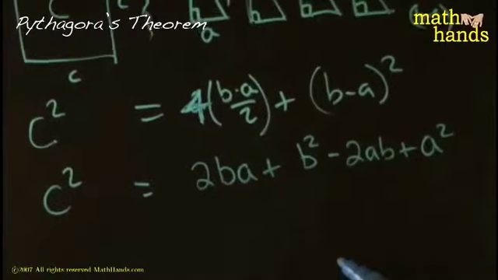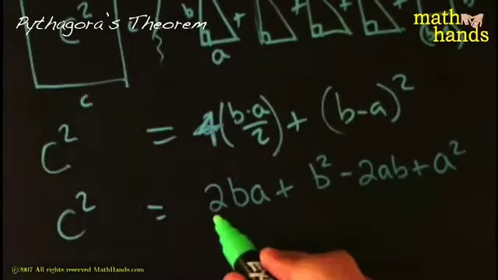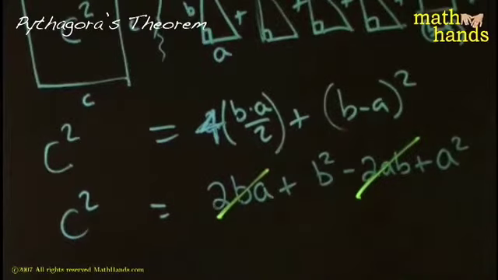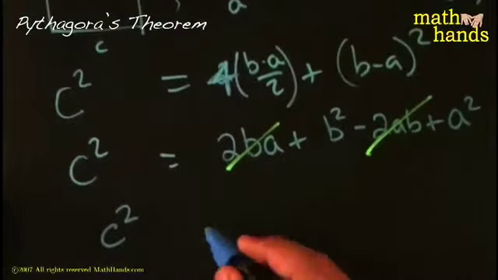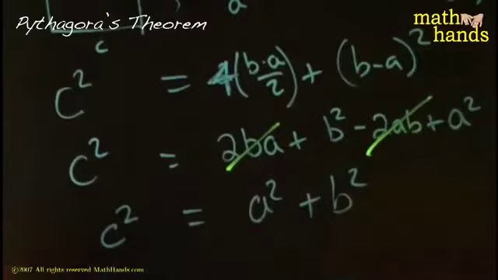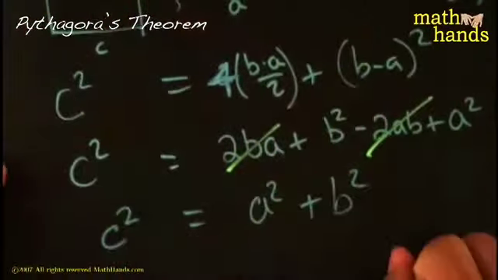And then this would clean up nicely because if you have 2BA and you take away 2BA, well, all the BAs are gone. And lo and behold, what you've got here is that C squared is equal to A squared plus B squared. See that? That's why they pay me the big bucks, my friends.